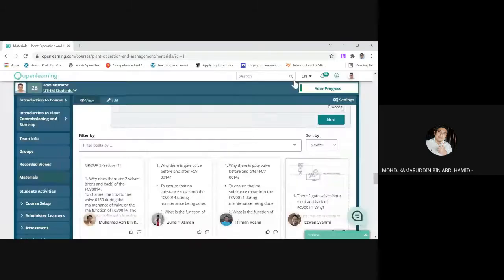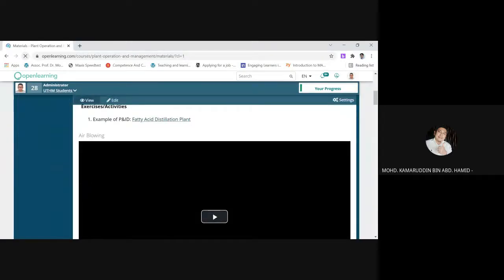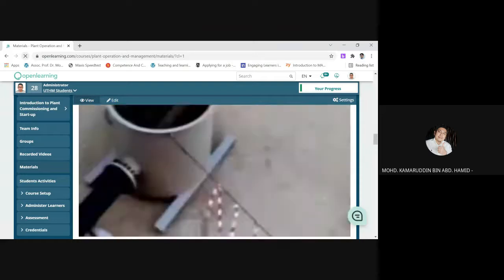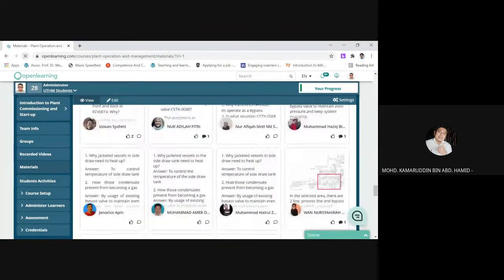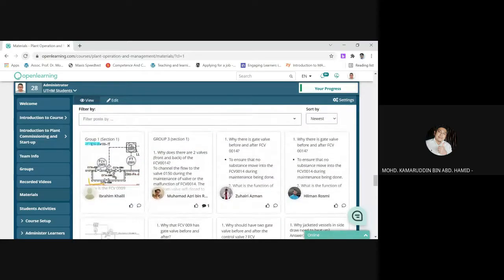So the rest, please put some photo over there. Let me check. Whatever it is, please do put some photos so that we can discuss. Kat mana? Ini dah. Ini Ibrahim Khalil.